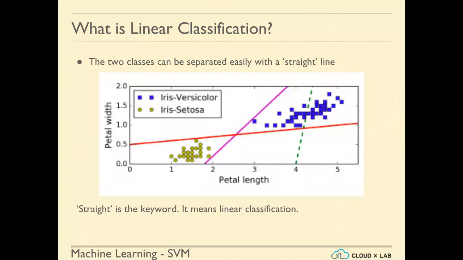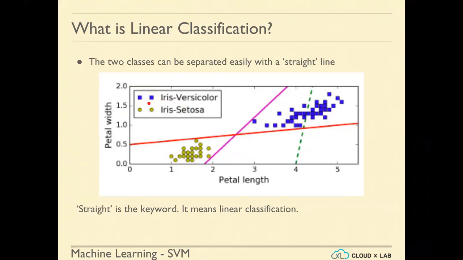Now, let's take a look at this diagram. What you see here is that we have plotted the petal width and petal length. Petal length is on the x-axis, petal width is on the y-axis. This we have done for a few instances or records, right? On this side, you can clearly see the petal length and petal width, and there is another group on this side.